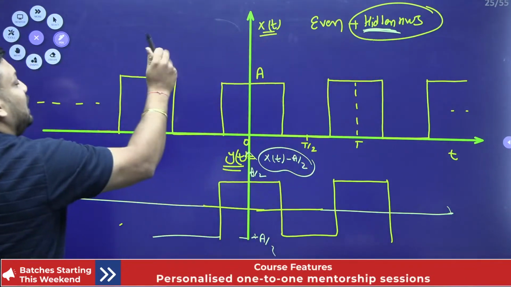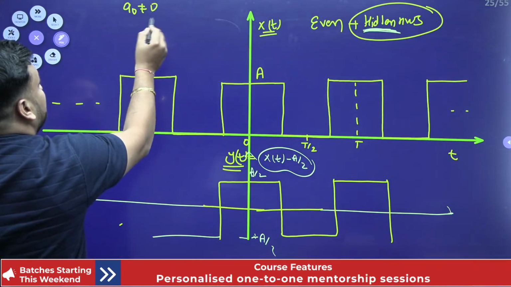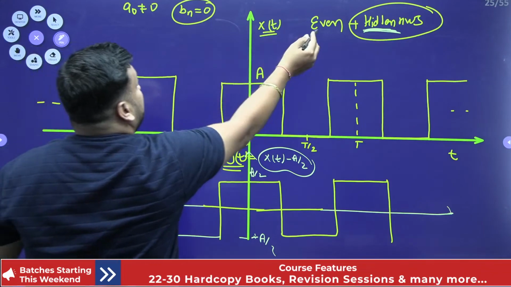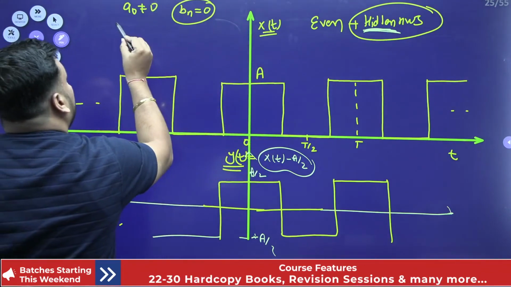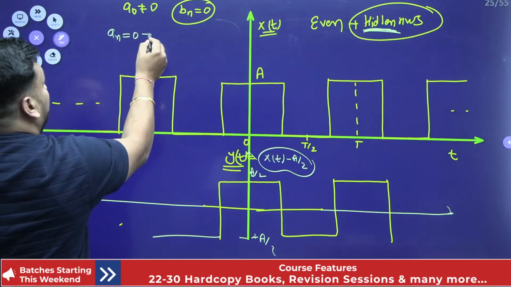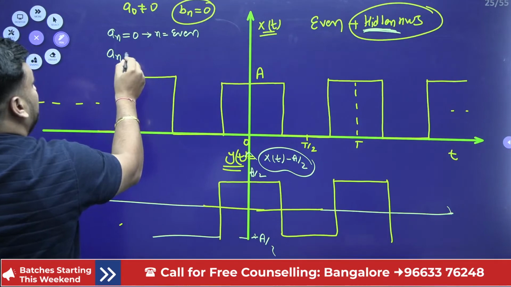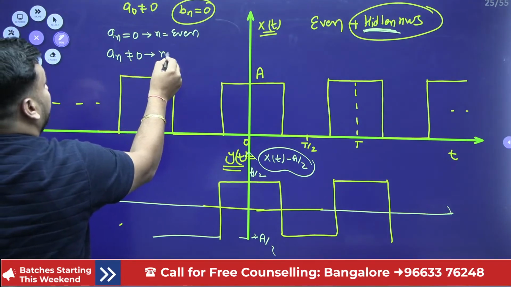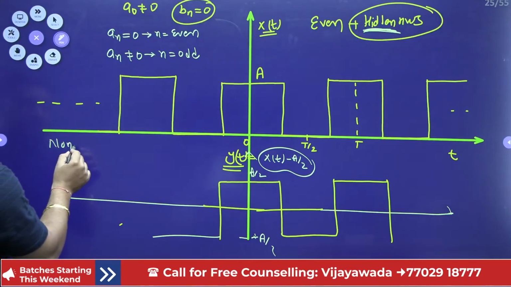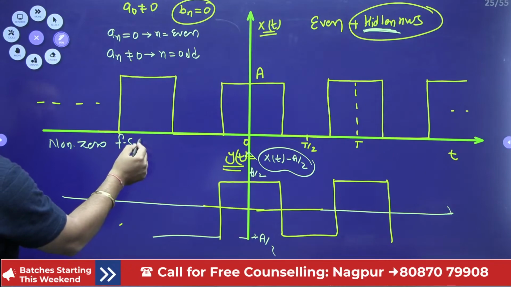So A0 is not equal to 0, sir. But Bn is 0 for sure because it is an even signal. And it is also HWS, so An will also be 0 when n is even, and An is non-zero only if n is odd. The examiner generally asks for non-zero Fourier series coefficients.